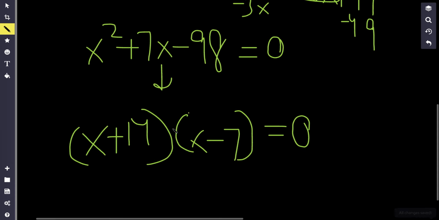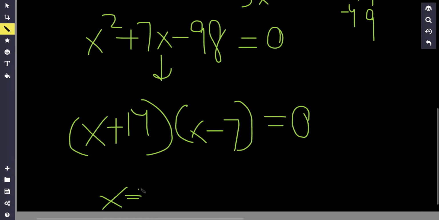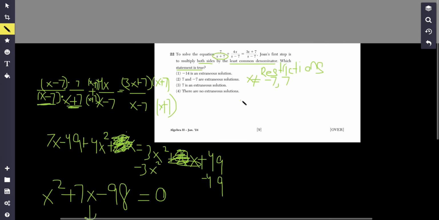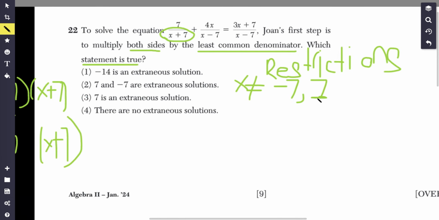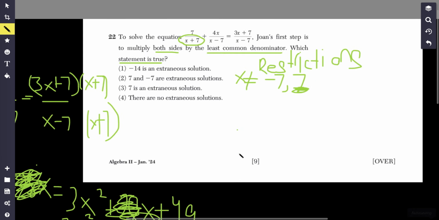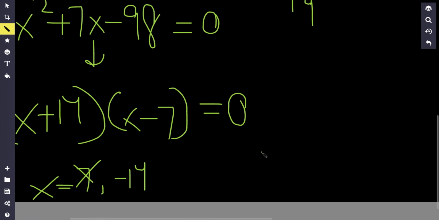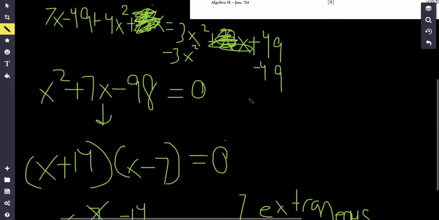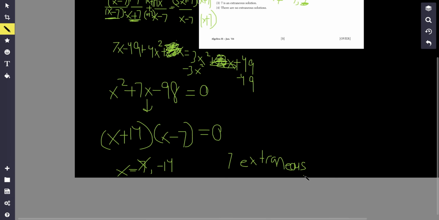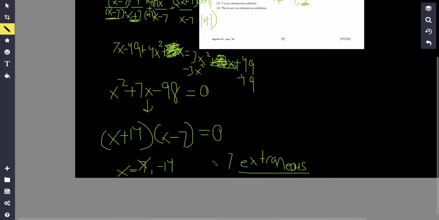All right. So either x is equal to 7 or x is equal to negative 14. However, we said that x cannot be equal to 7, right? x can't be equal to 7. So this 7 is an extraneous solution. Sometimes a solution is extraneous if you plug it into the equation and it doesn't work.